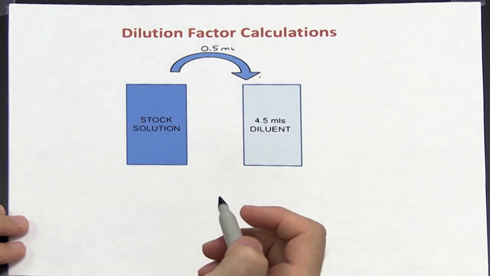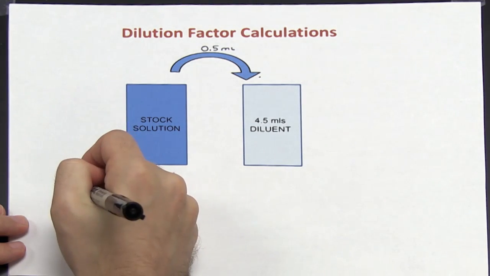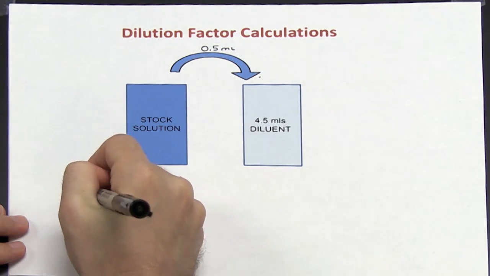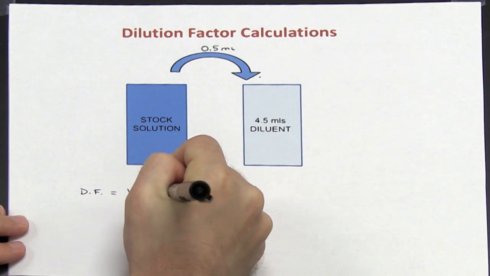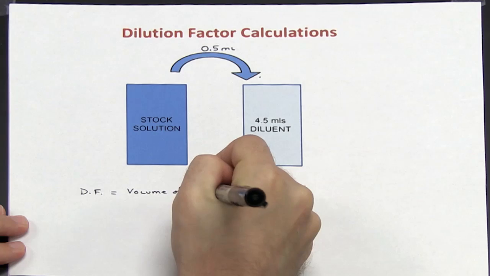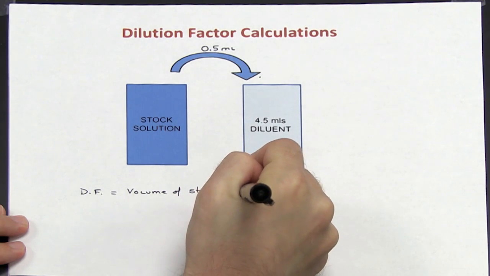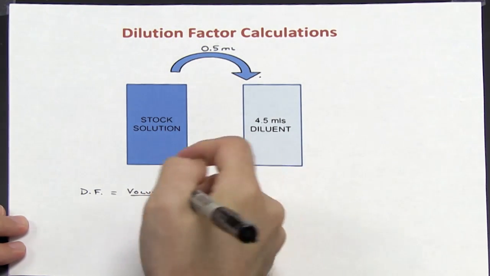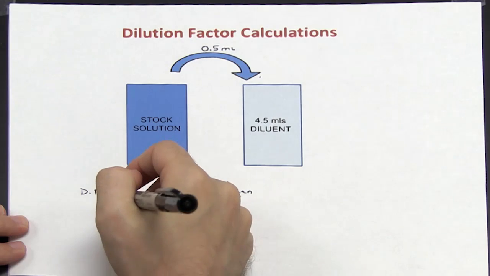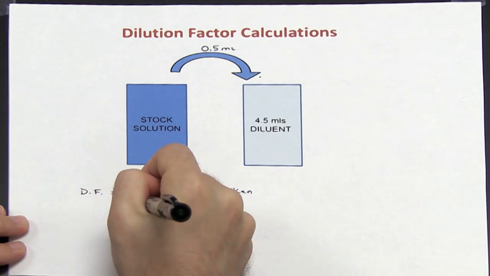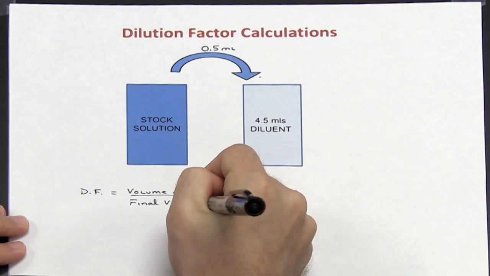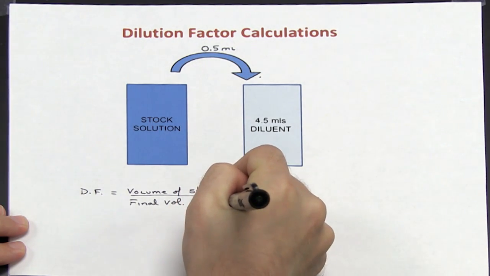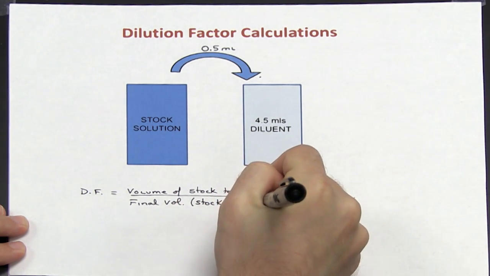Again, to figure out what dilution this is, I'll start by writing out my formula. So the dilution factor is equal to the volume of stock taken divided by the final volume. Okay, and remember the final volume includes both the stock as well as the diluent.